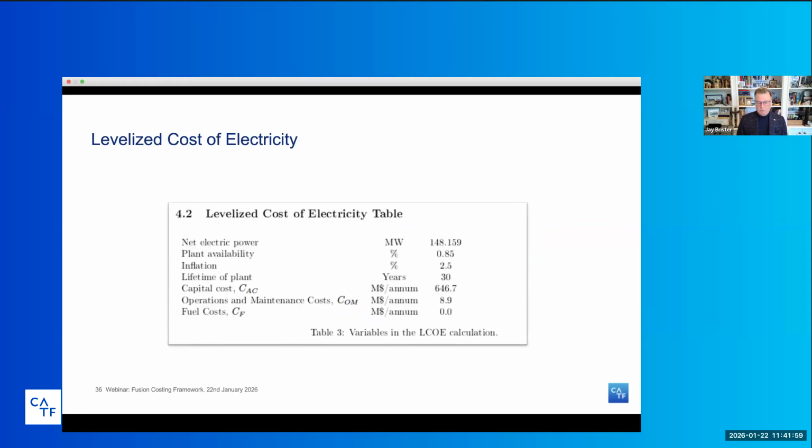Your last output at this point is a preliminary LCOE analysis to give you an idea of where electricity is going to fit with the configurations that you're doing.